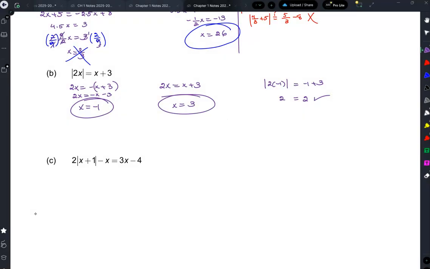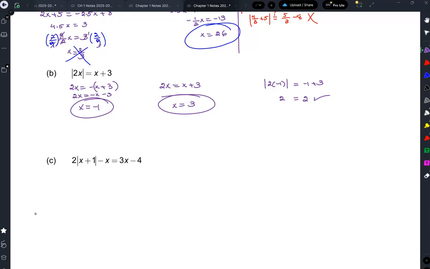Okay. The next one. Is the absolute value alone? No. So we have to isolate first. Cool? Let's go ahead and isolate first, then we can split.